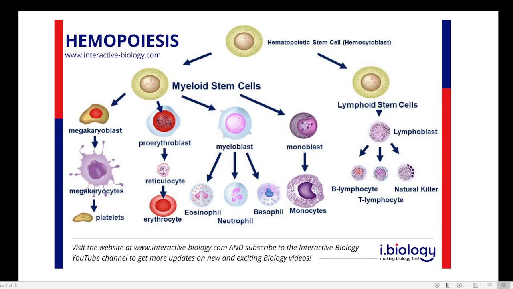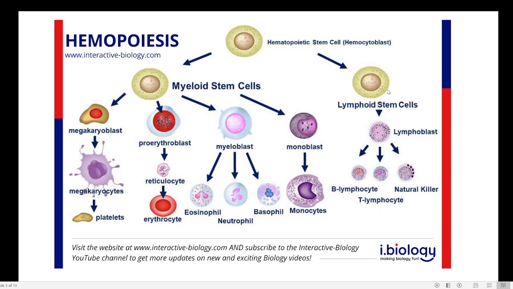And another type will be converting into either myelioblast or monoblast. If it is converted into myelioblast, then it can form either eosinophil, neutrophil or basophil. Or if it is forming monoblast, then it will be converted into monocyte.